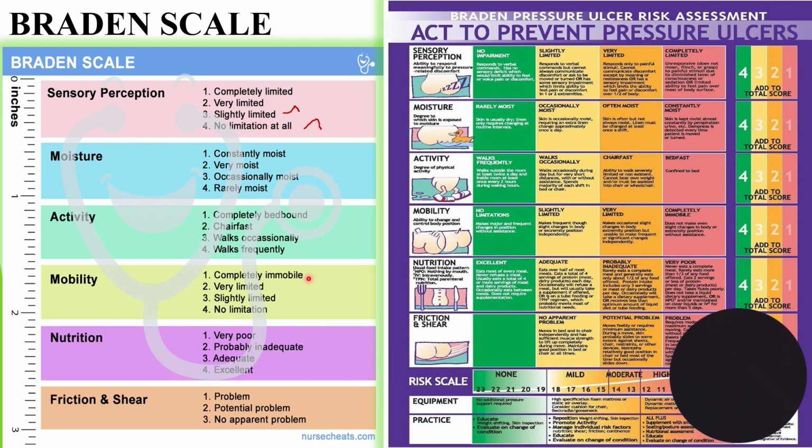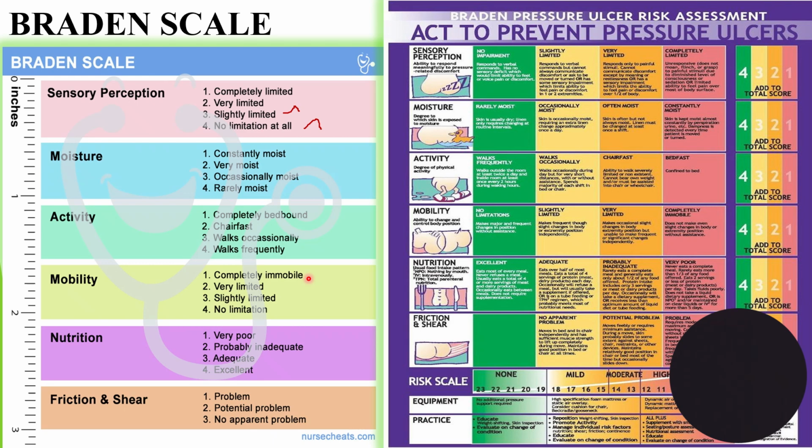Next we come to slightly limited. Slightly limited means they make frequent though slight changes in body and extremity position independently. Mostly this happens to patients who have undergone surgery or something.